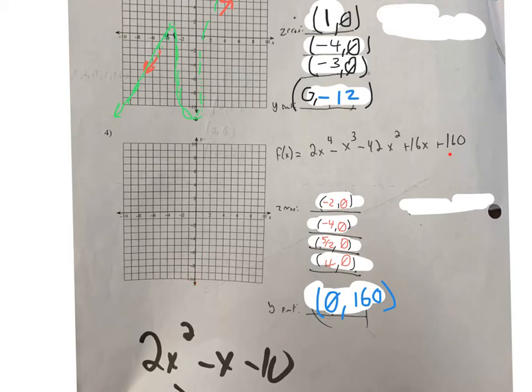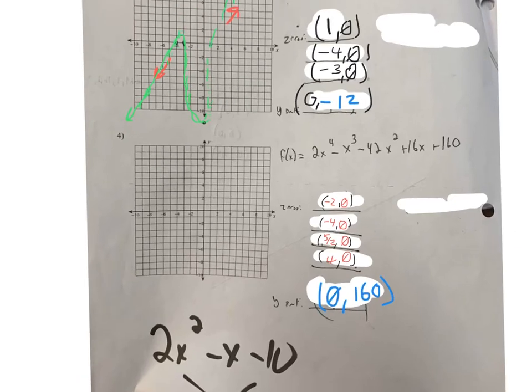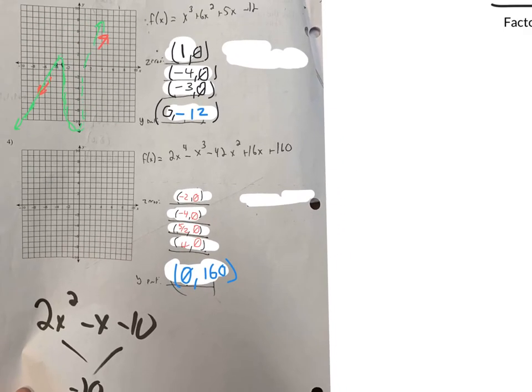There's no way we're going to be able to graph that y-intercept of positive 160. That's just miserable. So we're going to make a rudimentary graph right here. Let's say it's totally not drawn to scale.